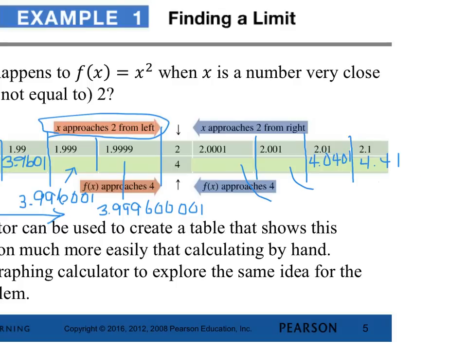Start back at the beginning. 2.01 gives us 4.0401. And 2.001 gives us 4.004001. And that is close to 4.